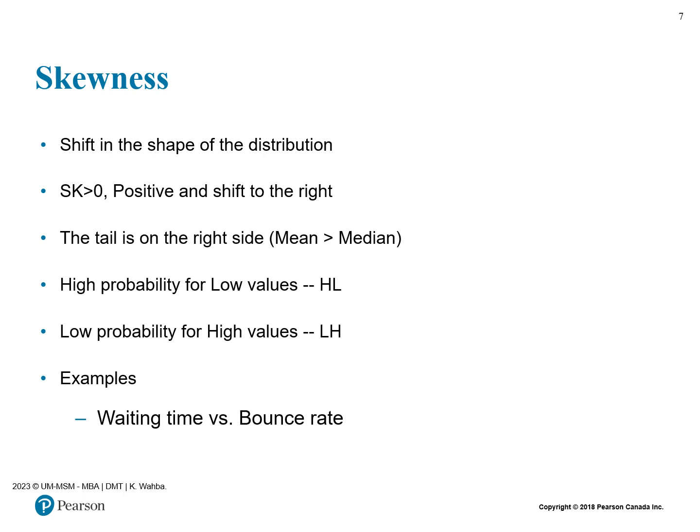Instead of having a normal distribution, which is symmetric, the data will have two tails, one on the left and one on the right. For symmetric data, the two tails are equal. But in many cases, we don't get perfectly symmetric data.